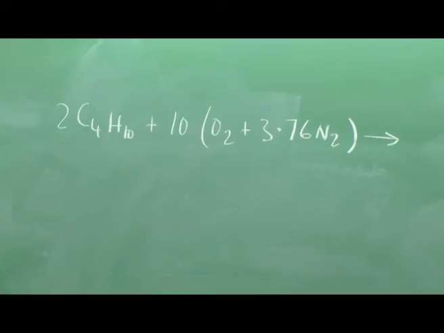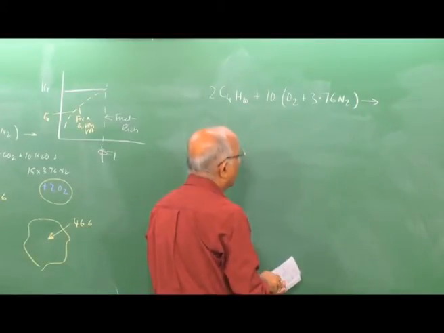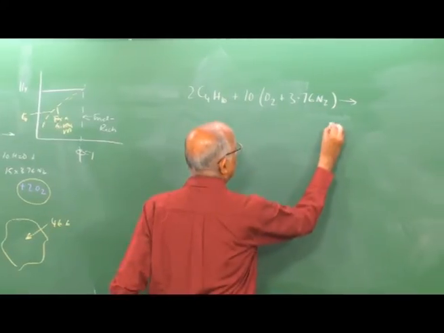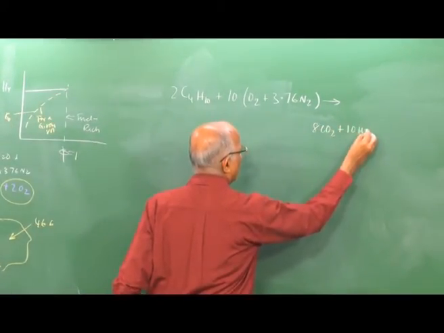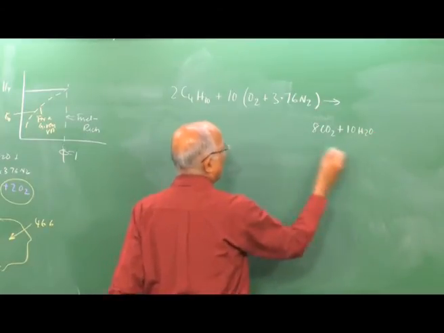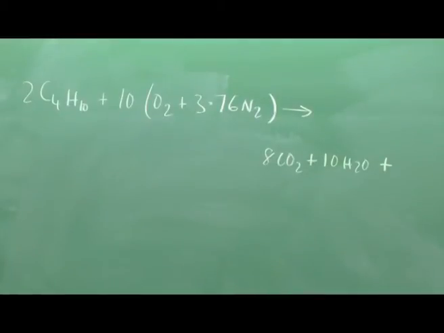Now I want to write the balance equation. Therefore, what is it I get? Let us presume, like in the earlier cases, I still get 8 CO2 plus 10 H2O, plus the nitrogen, we will put these down a little later.